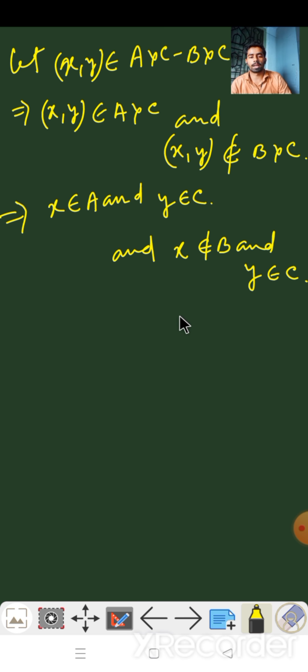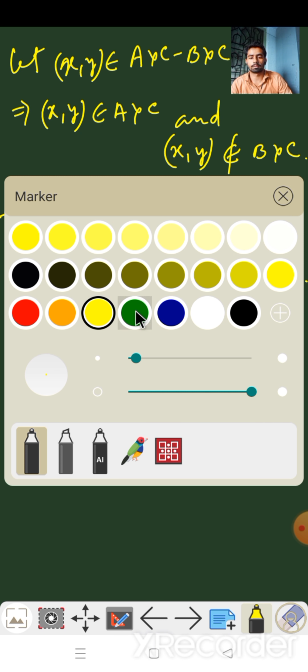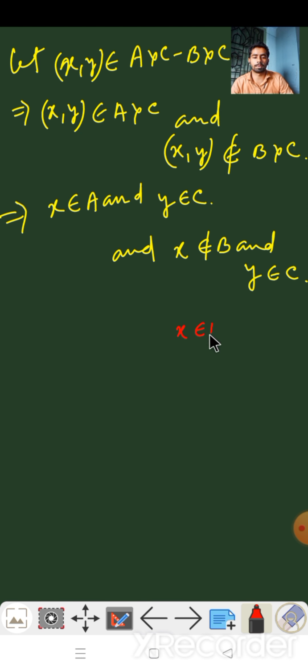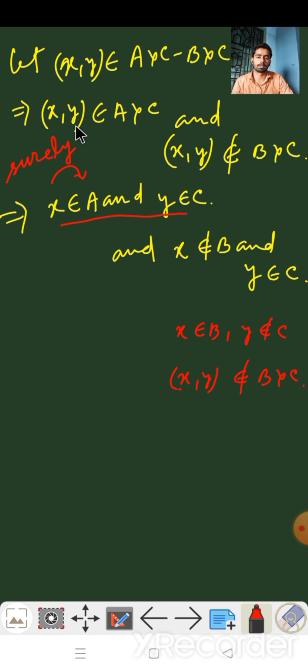Here it may happen that x belongs to B and y does not belong to C, then (x, y) will also not belong to B cross C. But from the first part we are sure that x is surely in A, because we let the ordered pair (x, y) belong to A cross C and not belong to B cross C. As we let at the first time the ordered pair (x, y) belongs to A cross C, we can conclude that x belongs to A and y belongs to C. It is a sure event.